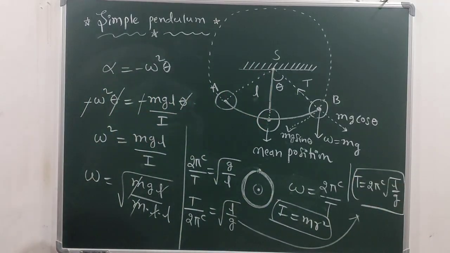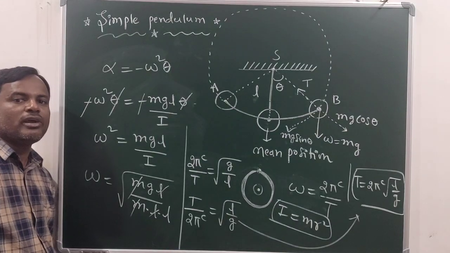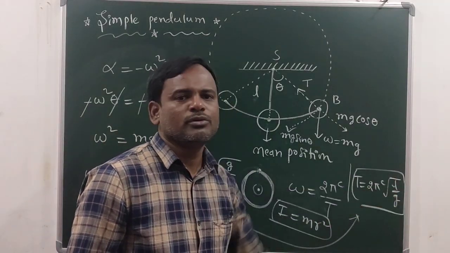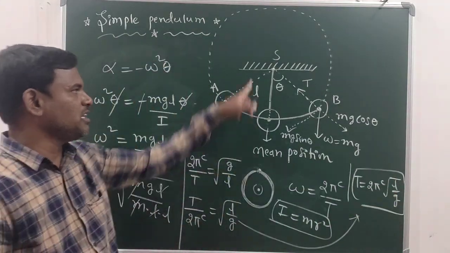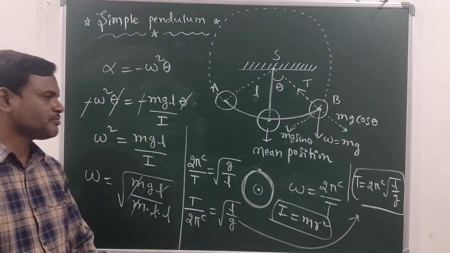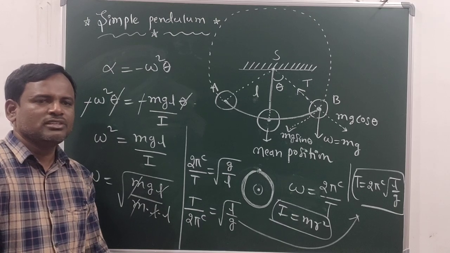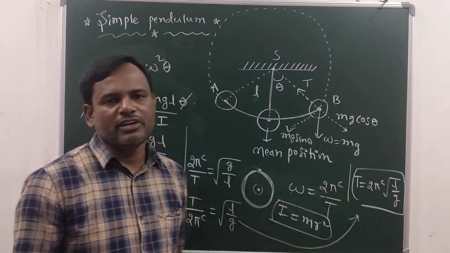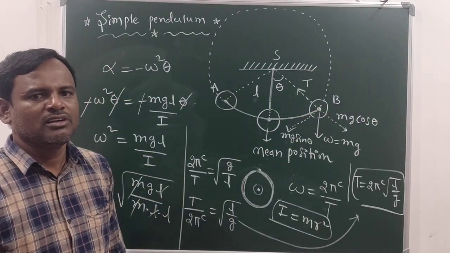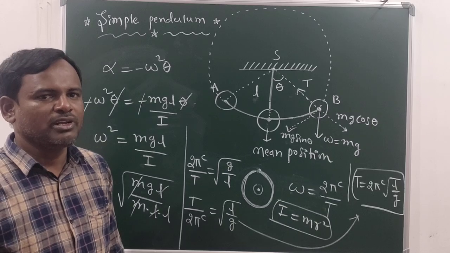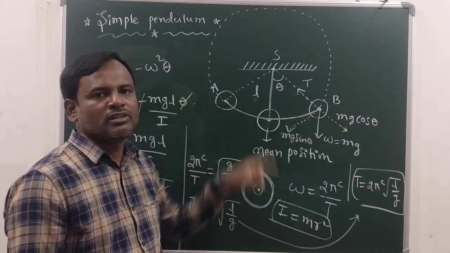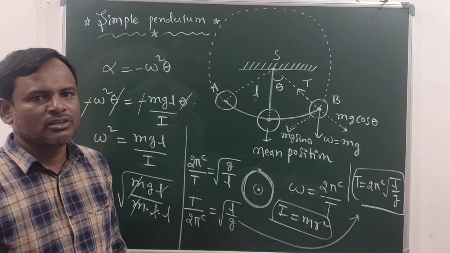Okay students, I hope you have understood. Time period of simple pendulum is 2 pi radian into root L by g, where L represents length of the simple pendulum, g acceleration due to gravity. So you know the meaning of a time period, time taken by the bob to complete one oscillation. Sometimes this bob may take 2 seconds to finish one oscillation.